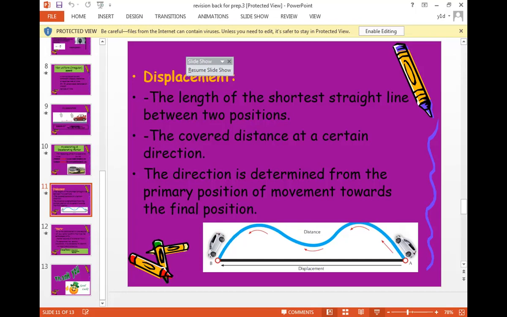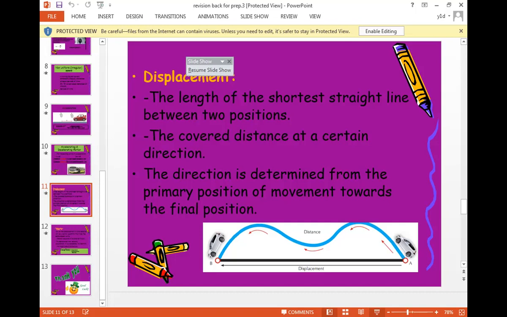It also depends on the direction of the displacement, determined from the start point to the end point. Velocity is the displacement in 1 second, or in a unit time.